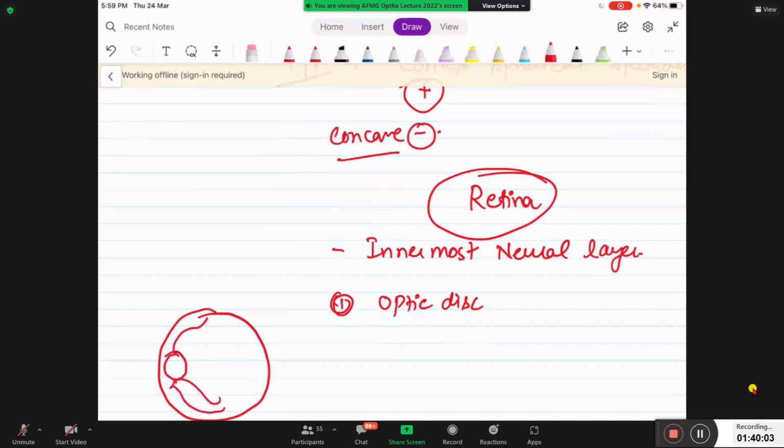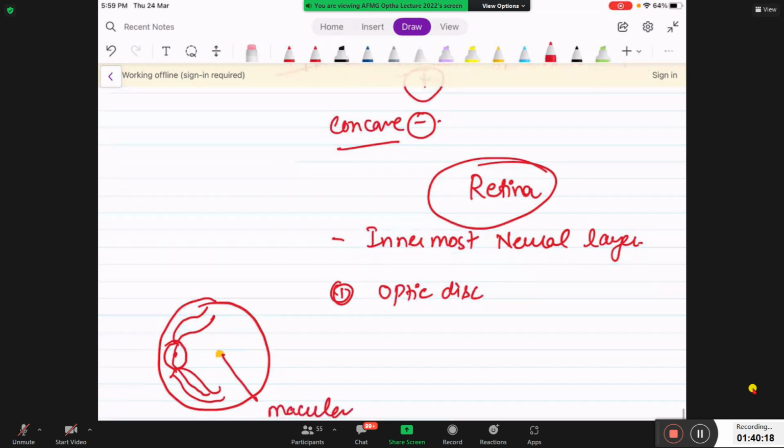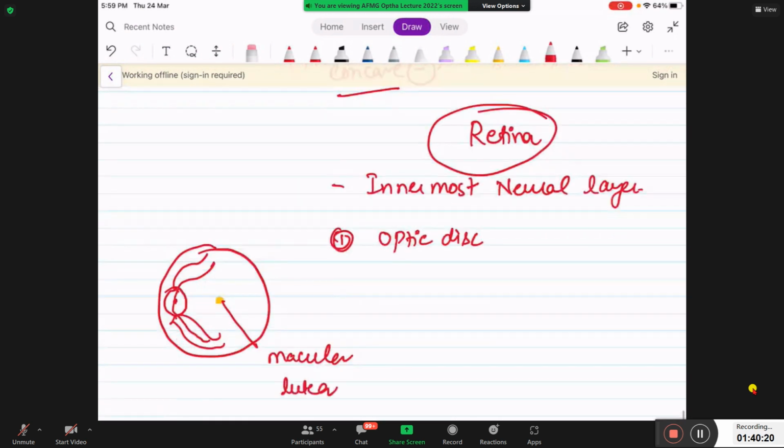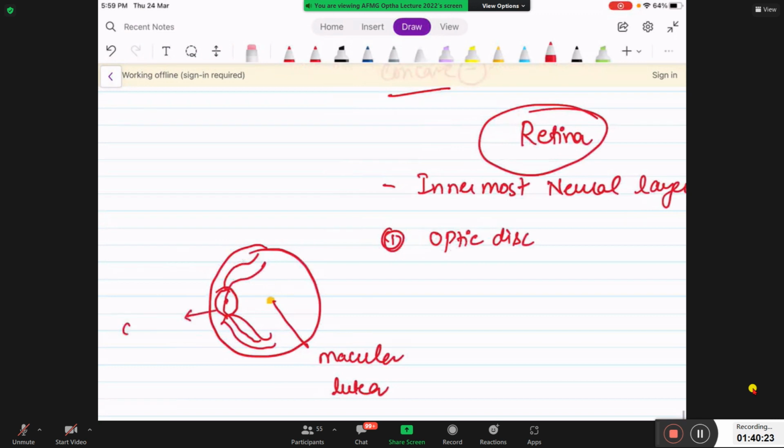From the optic disc, certain vessels are emerging. And there is a central depression, a yellow depression, called the macula lutea. The optic disc is also known as the optic nerve head.